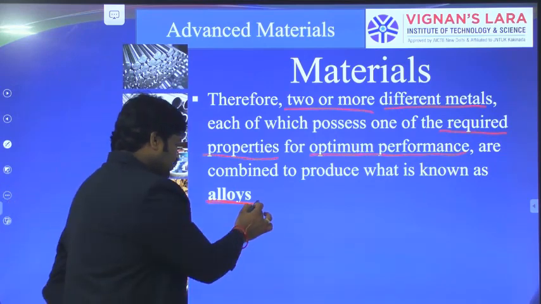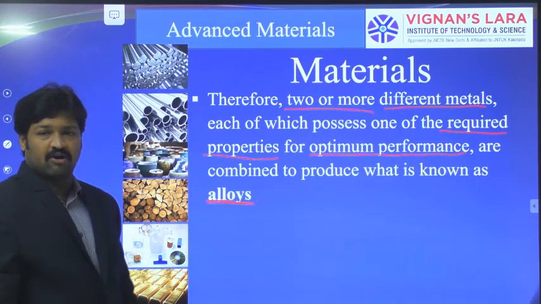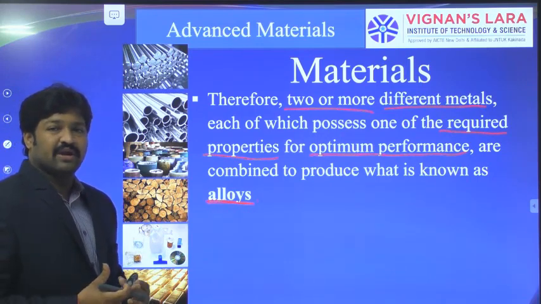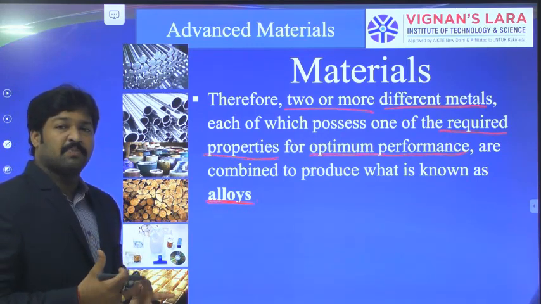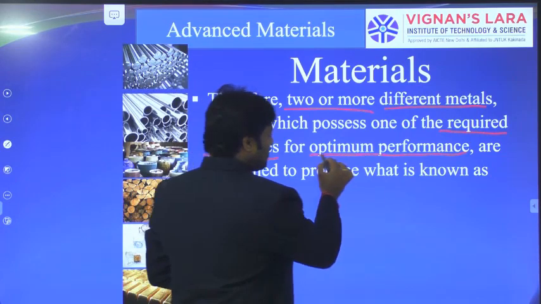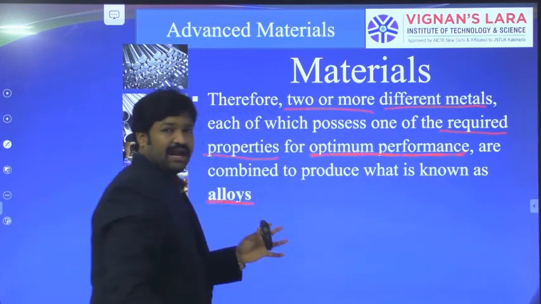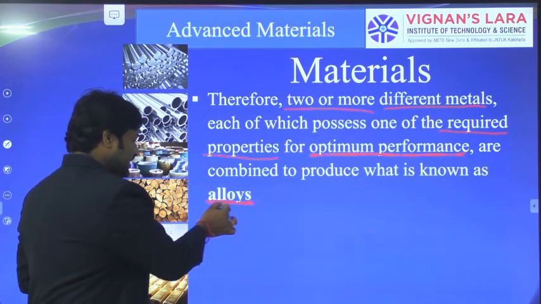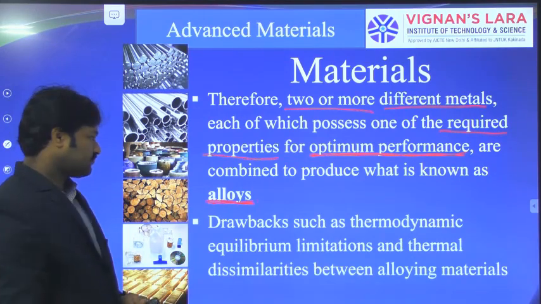So the combination of two or more materials is called an alloy. To get the desired properties for optimum utilization, we are adding two or more materials to get the desired alloy.